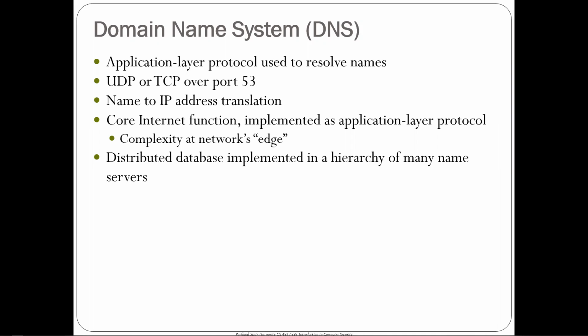And it's just going to take that name and give you an IP address that results from the resolution of that name. And it's an interesting architecture because this naming protocol is core to the internet, but it's implemented at the application layer. And this is compatible with the internet design of having a really dumb network and pushing all the complexity out to the edges on an end-to-end basis.